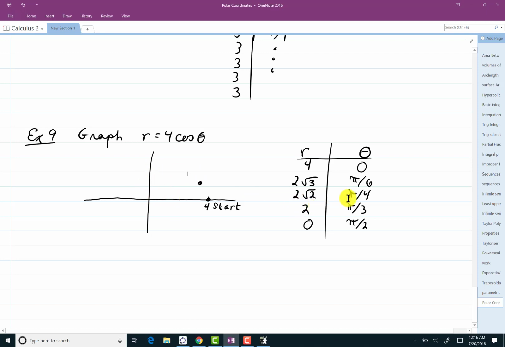Now let me move on. At pi over 4, that's halfway, we have 2 radical 2, a smaller number still. So at pi over 4, I don't want to touch the x-axis, but I wanted to see if I can make pi over 4 occur. So I think pi over 4 may be like that in length.